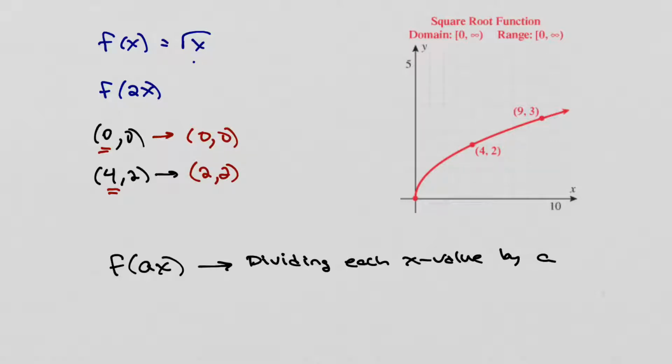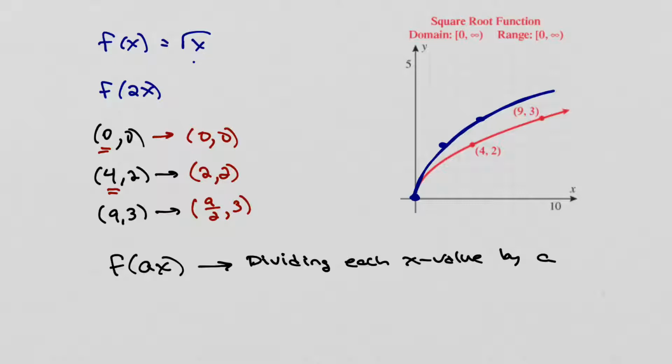And then the third point, 9, 3, gets divided by 2 to give me 9 over 2 comma 3. So 0, 0 is not going to get changed. 4, 2 is going to get pushed to 2, 2. And 9, 3 is going to get pushed to 9 over 2 comma 3, or 4.5. So it's going to look like this.